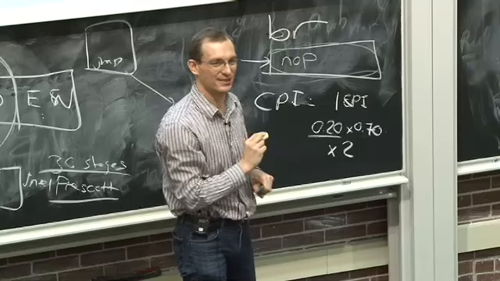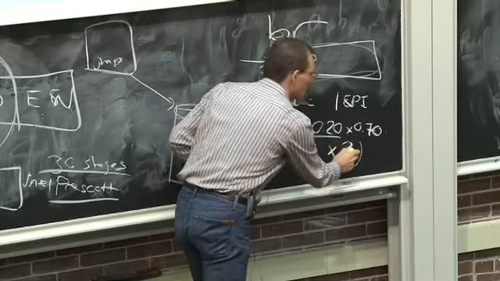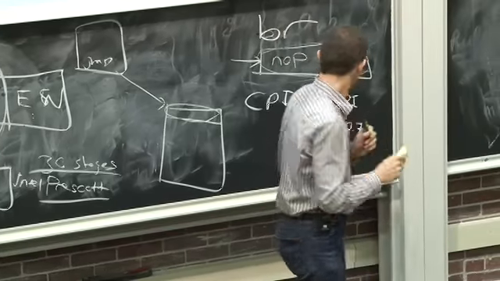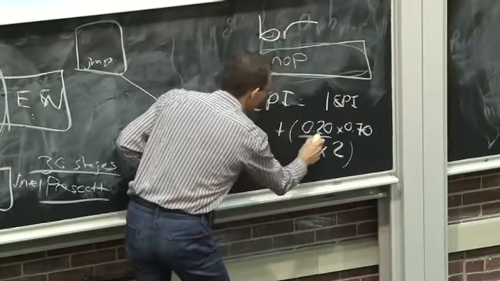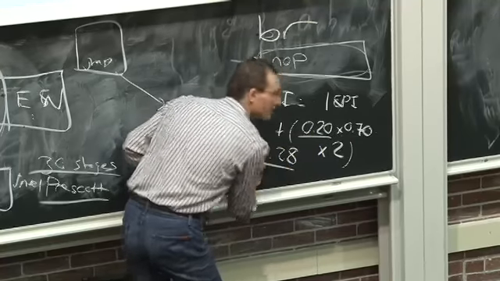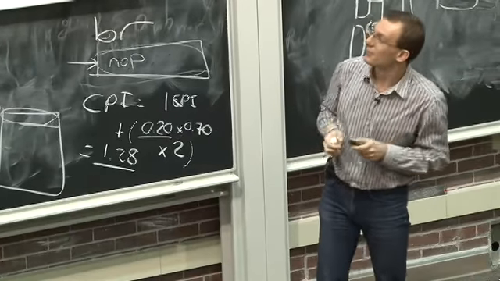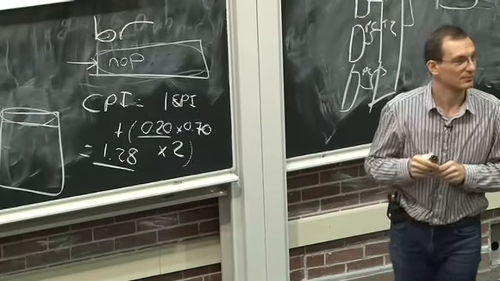Does that make sense? So 14% of the time, you lose 2 slots in your pipeline. Which means that your CPI increases by 28%. So you lost performance by that much, because of these mispredictions. Right? Make sense?